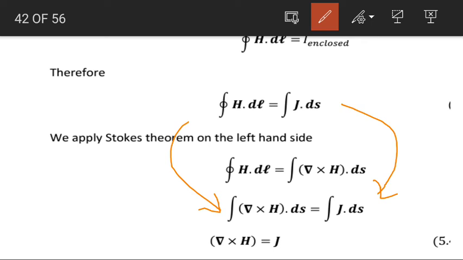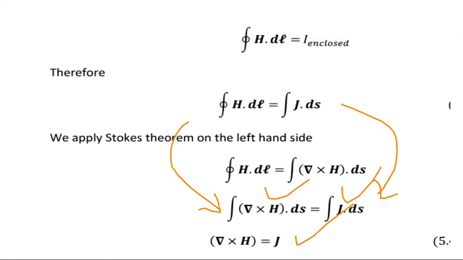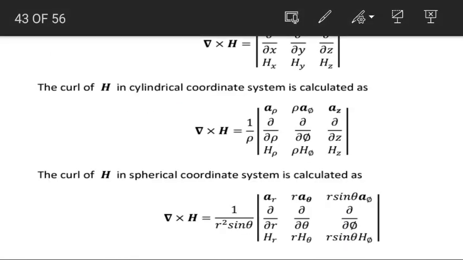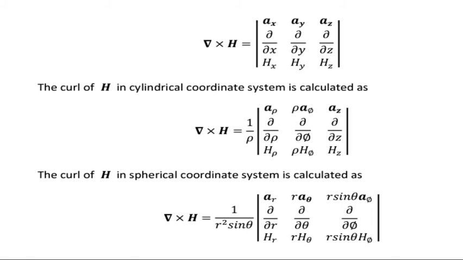Comparing the left hand side with the right hand side, the curl of the magnetic field intensity is equal to J. This equation is known as the third equation of Maxwell. Well, this equation is incorrect, but anyhow, we consider this equation the third equation of Maxwell, and we will correct this equation later on.